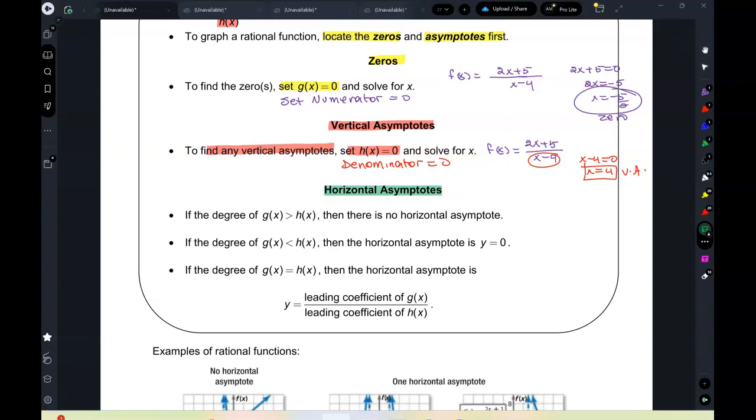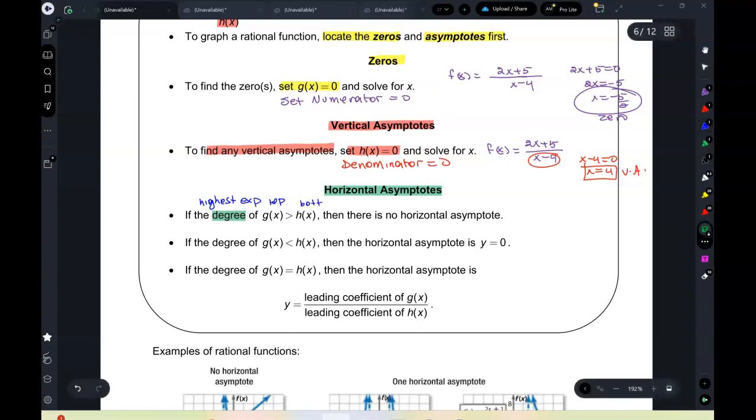Okay, horizontal asymptotes is a different type of process. For horizontal asymptotes, we have to compare the highest exponents from the numerator and the denominator. So this term, the degree, just means highest exponent. Okay. So g of x is the top. H of x is the bottom.